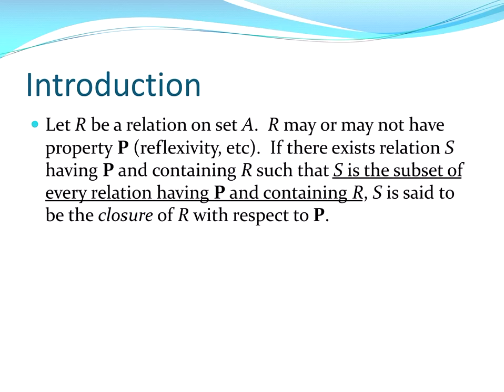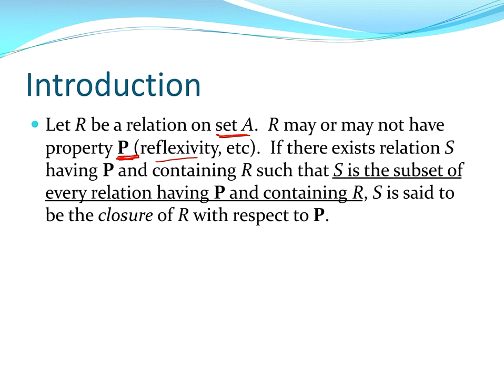Okay, so if we have a relation on a set, that is a relation from set A to set A, it may or may not have a property, and we'll just note that property with a capital P. Could be reflexivity, symmetry, or transitivity in the case of closures.